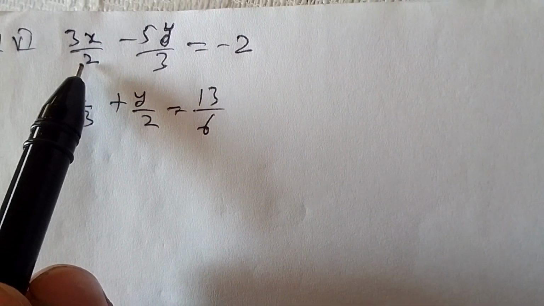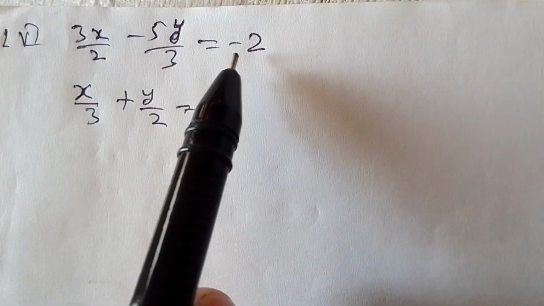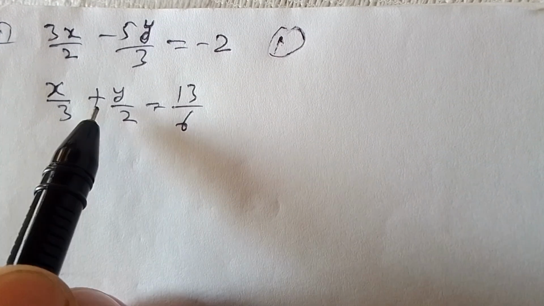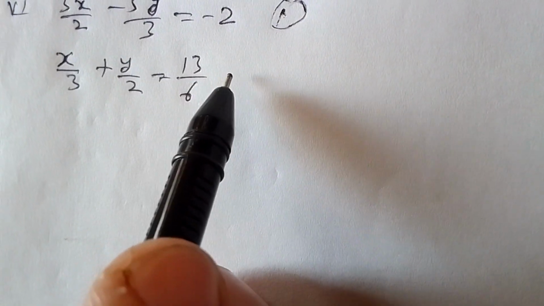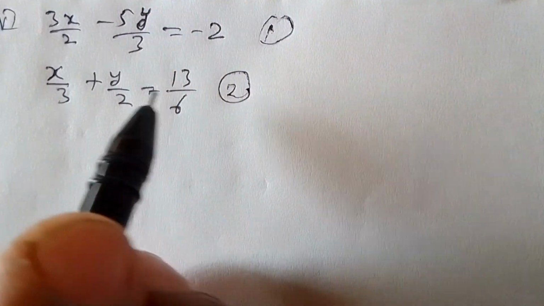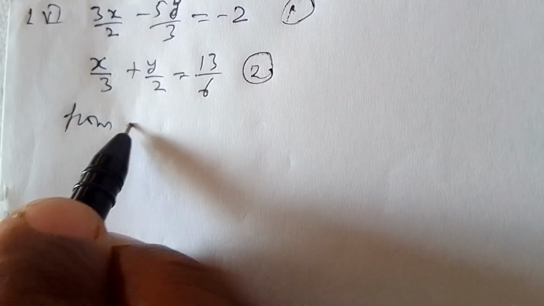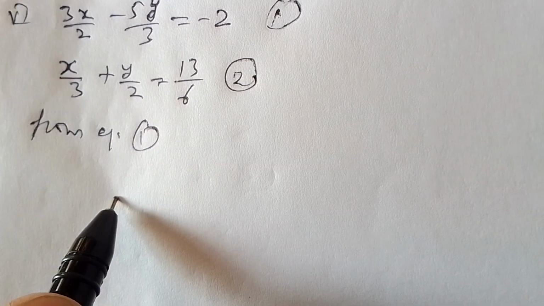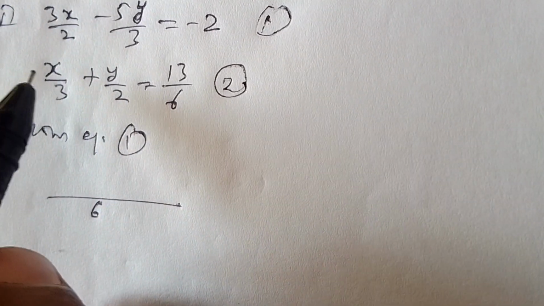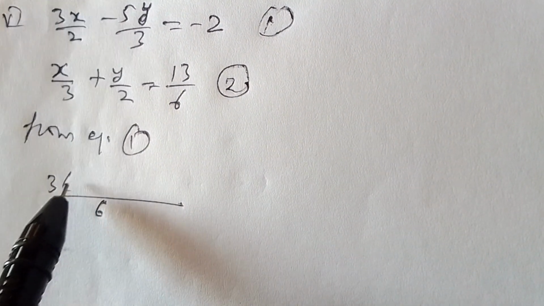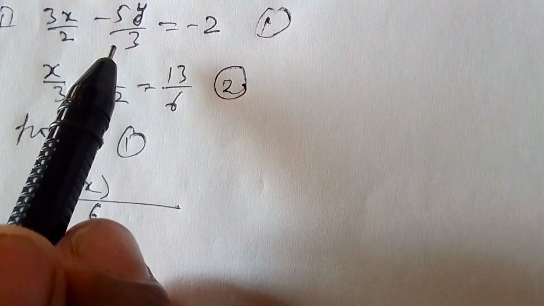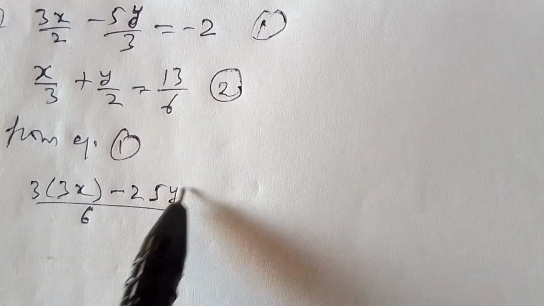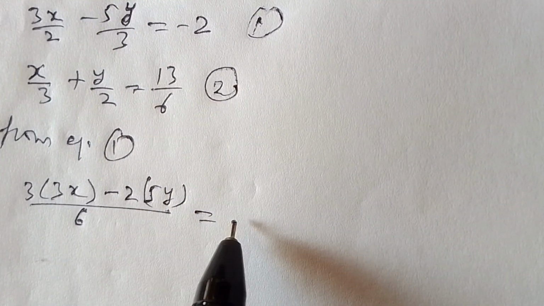3x minus (2 minus 5y) divided by 3 is equal to minus 2. This is equation 1. x by 3 plus y by 2 is equal to 13 by 6. This is equation 2. Now from equation 1, taking 2 and 3 LCM 6. So 2 threes are 6 multiplied by 3x and 3 twos multiplied by 5y is equal to minus 2.